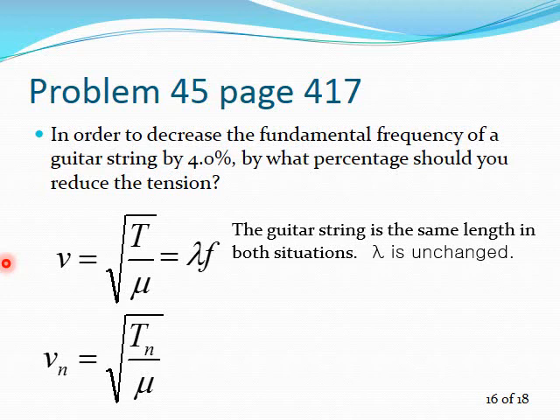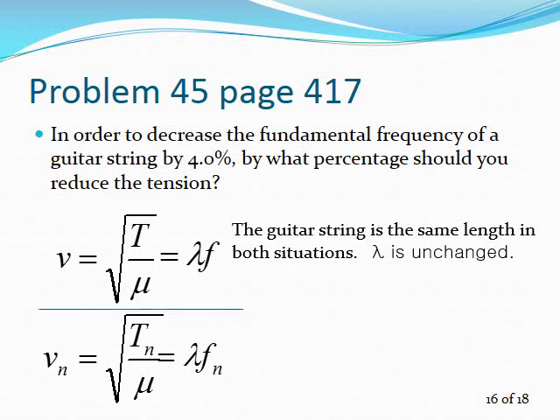So if I do a new calculation to find my new velocity, I would have to know my new tension, and I have my old mass per unit length. That should be equal to my original wavelength, since the length is not changing, it's the fundamental, times my new frequency. So what can I do there?